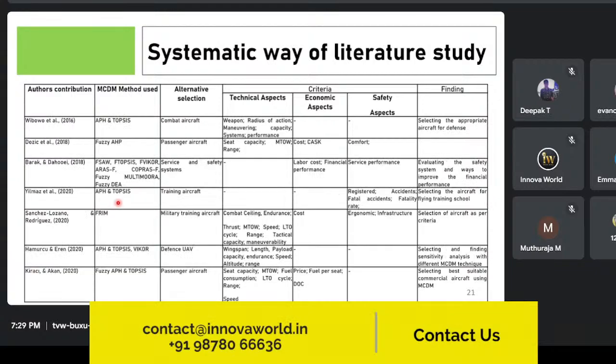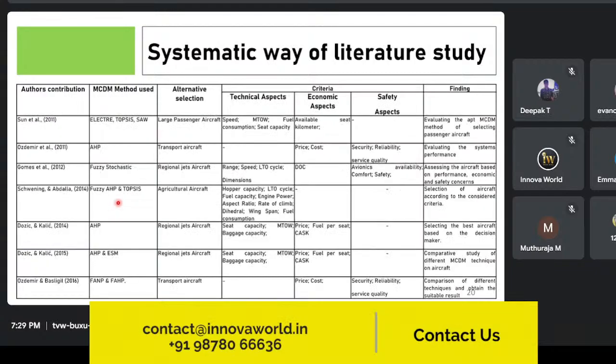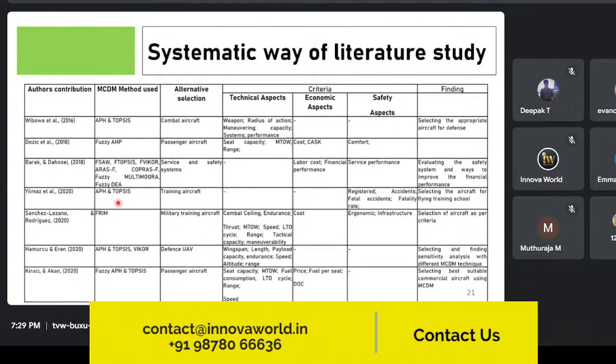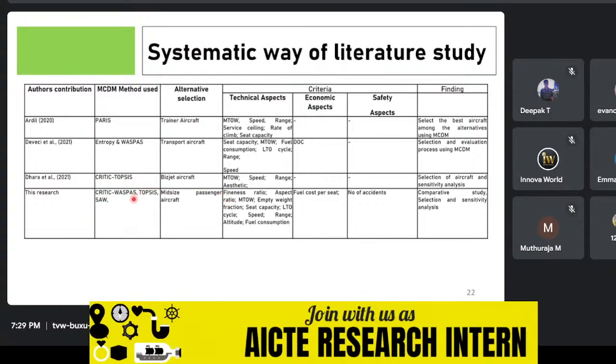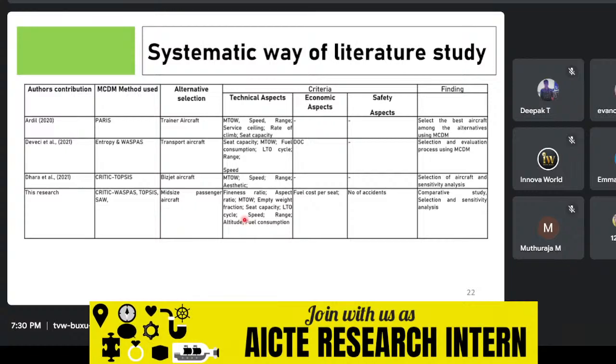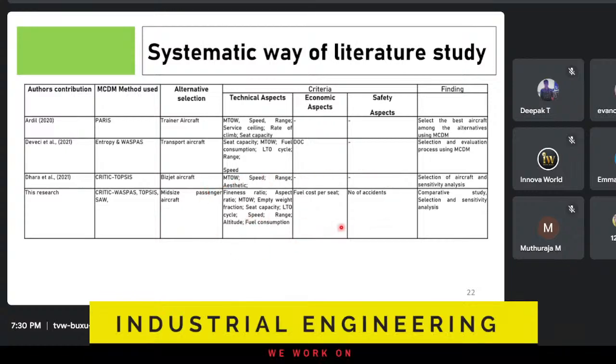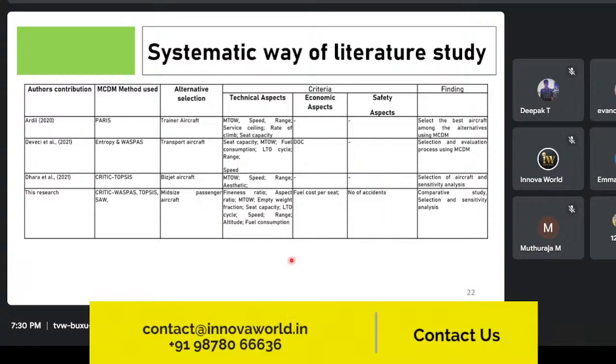So nowhere can you find, based on the literature, that they have worked on CRITIC-WASPAS. This is one of the methods. We will come to this particular method also. Right, so this is again one of my research gaps. Which aircraft or which selections I worked on doesn't matter, but which parameters you are working on plays a very vital role in your research gap.